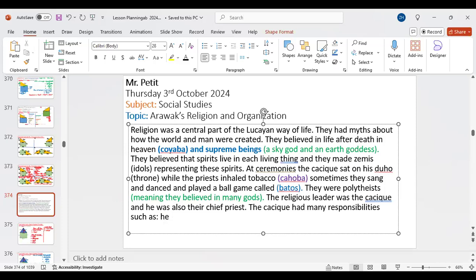he had to share out the land. So he is going to divide out the land. Decided on war and peace. Led religious ceremonies.